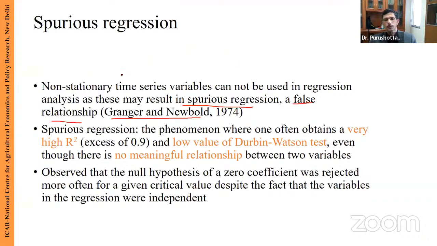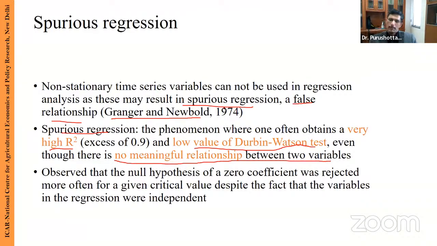If we regress non-stationary time series, then it will give a false relationship. So spurious regression, we will try to understand through an example also in R. But this is the phenomenon where one often obtains a very high R square, maybe in excess of 0.9, and a low value of the Durbin-Watson test, even though there is no meaningful relationship between two variables.